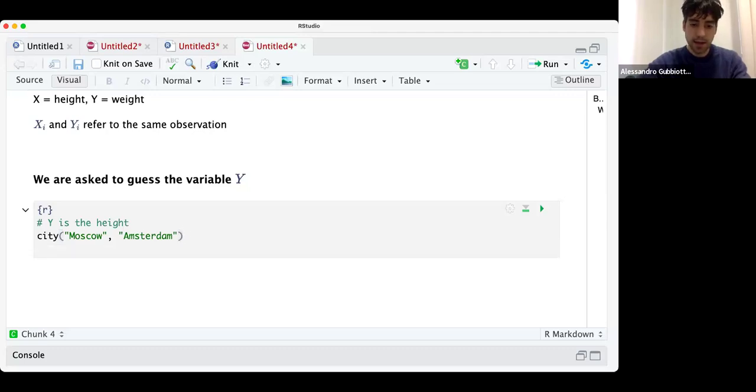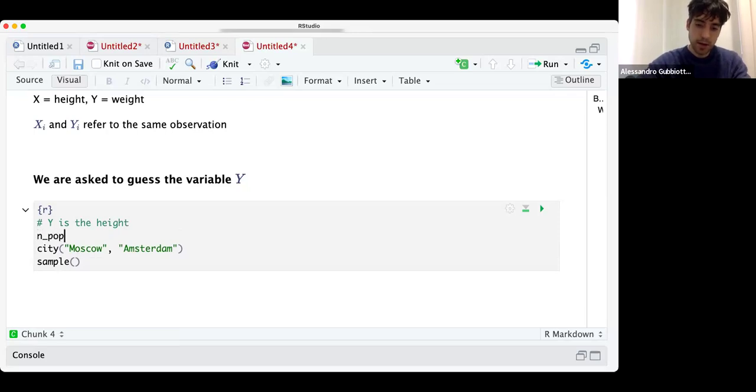But now let's take a sample. We have the number of informants, sorry, the population is of size, let's say 1,000.